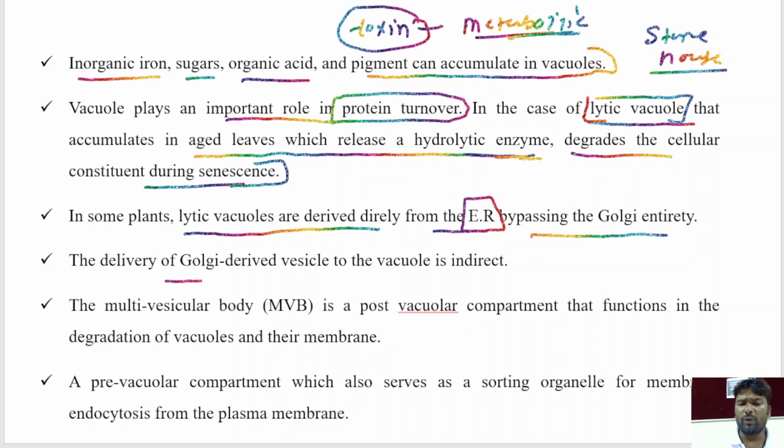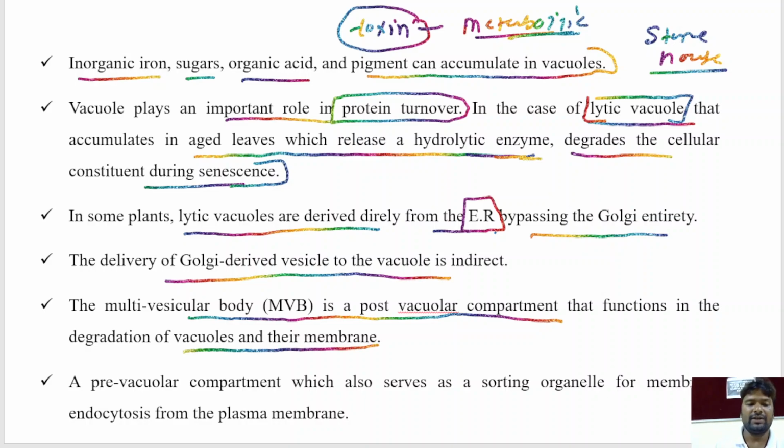And the delivery of Golgi-derived vesicles to the vacuoles is indirect. Then there is the multivesicular body, MVB, a post-vacuolar compartment that functions in the degradation of vacuoles and their membranes.